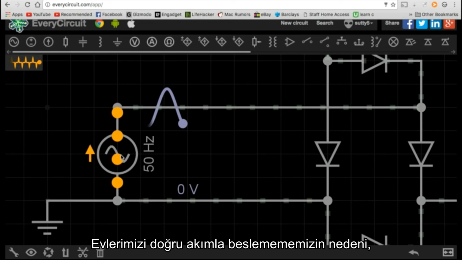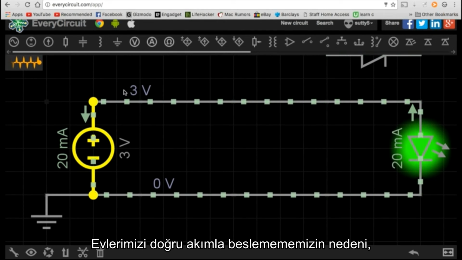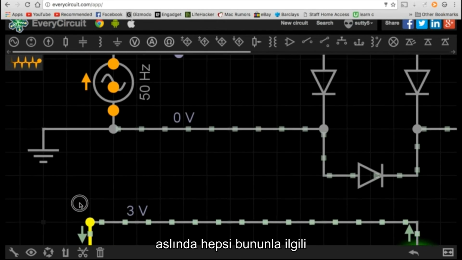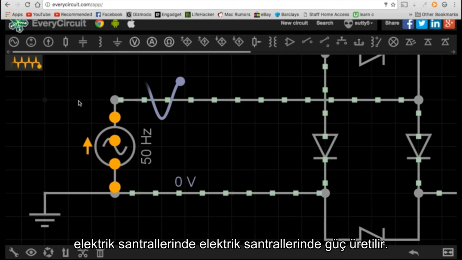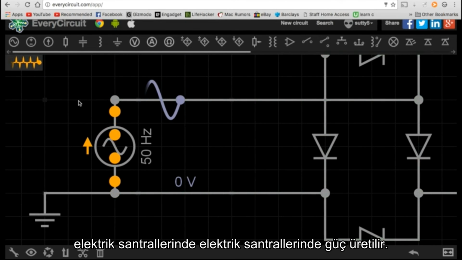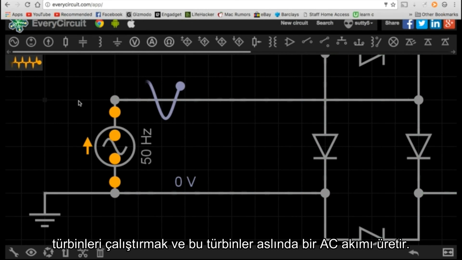What's the reason behind that? Why do our homes not get supplied with direct current? It's actually all to do with the way that the power is generated at power stations. At power stations, heat and steam are generally used to power turbines, and those turbines actually generate AC current.